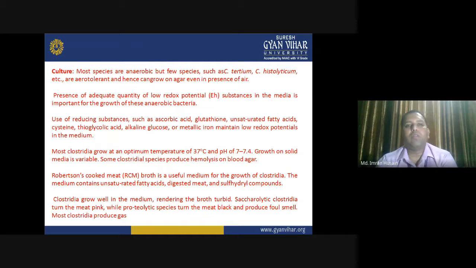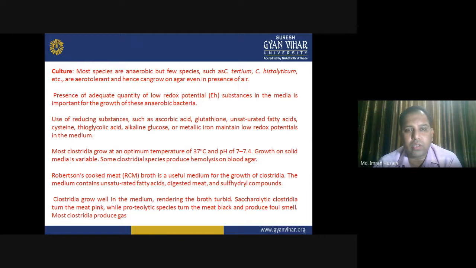Culture. Most species are anaerobic, but a few, such as Clostridium tertium and Clostridium histolyticum, are aerotolerant and hence can grow on agar in the presence of air. The presence of an adequate quantity of low redox potential substances in the media is important for the growth of anaerobic bacteria.